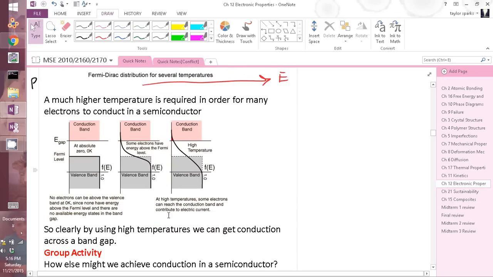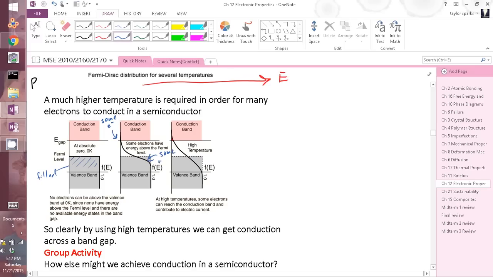This is how semiconductors start to become conductors. At 0 Kelvin, this is completely filled. But if you're above 0 Kelvin, now it's not just a flat line for your distribution of electrons. You're going to have some electrons here, and you're going to have some missing electrons here.